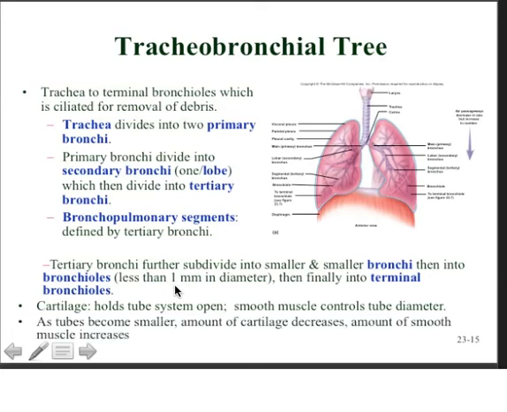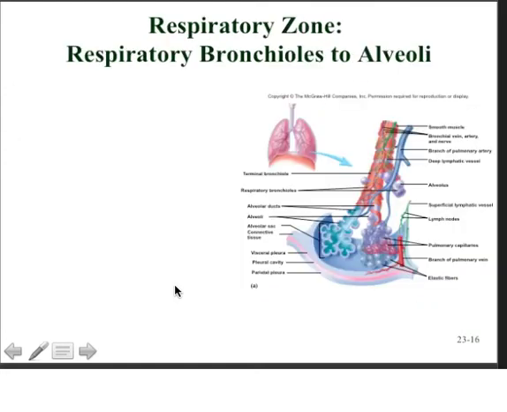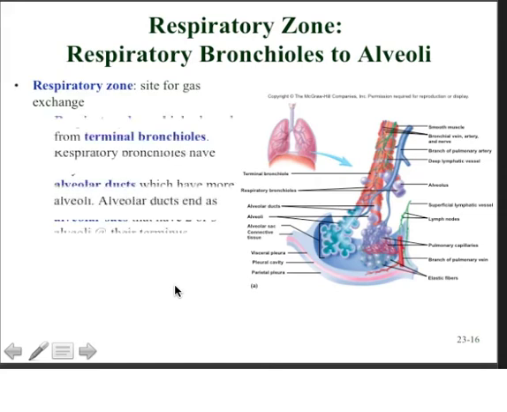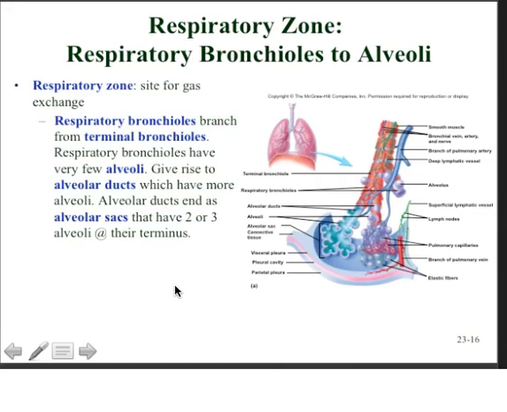As the tube becomes smaller, the amount of cartilage decreases and the amount of smooth muscle increases. By the time we leave the terminal bronchioles, we enter the respiratory zone, and this is where gas exchange happens in earnest. The respiratory zone is defined at its beginning by the respiratory bronchioles that branch from the terminal bronchioles.